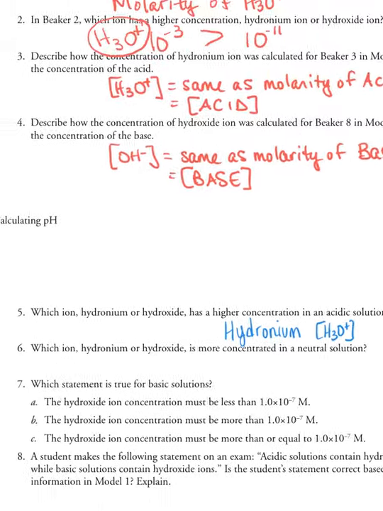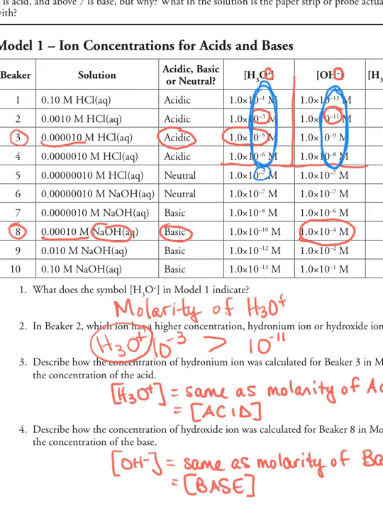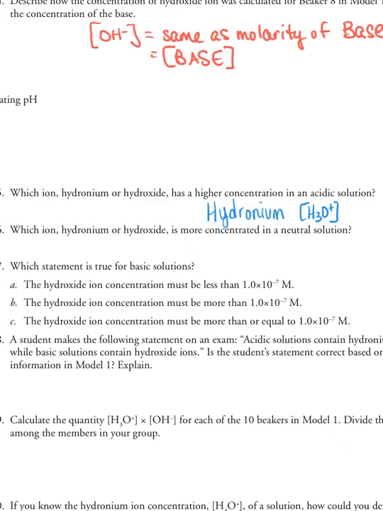And in a neutral solution, what do we know about these? In a neutral solution, they are equal. That means the H3O plus is equal to the hydroxide.